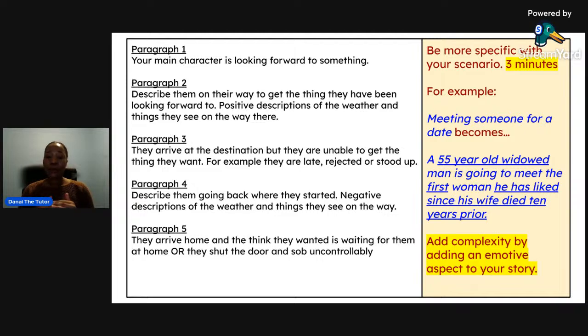So for mine, again, I'll go through it. The fact that it's gone from just being a man to being a widowed man. Okay, he's an older man, he's 55, he lost his wife, so it's adding a layer of complexity to the story. Also, the fact that he hasn't liked anyone else since his wife died adds a layer of emotional stakes.